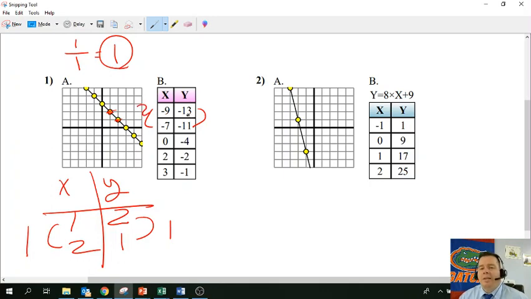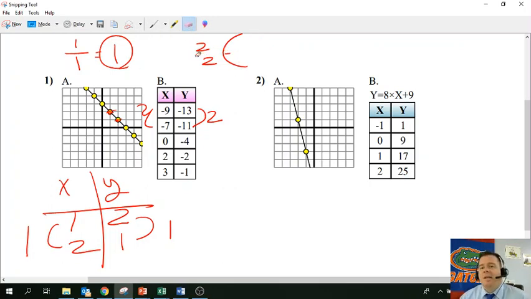And the difference between this 13 and this 11, of course, is 2. So Y goes over X, divide the top by the bottom. As you can see, the rate of change for number 1, the coordinate plane, is 1, and the function table is 1 as well. So the rate of change is the same. That's all you do for that.